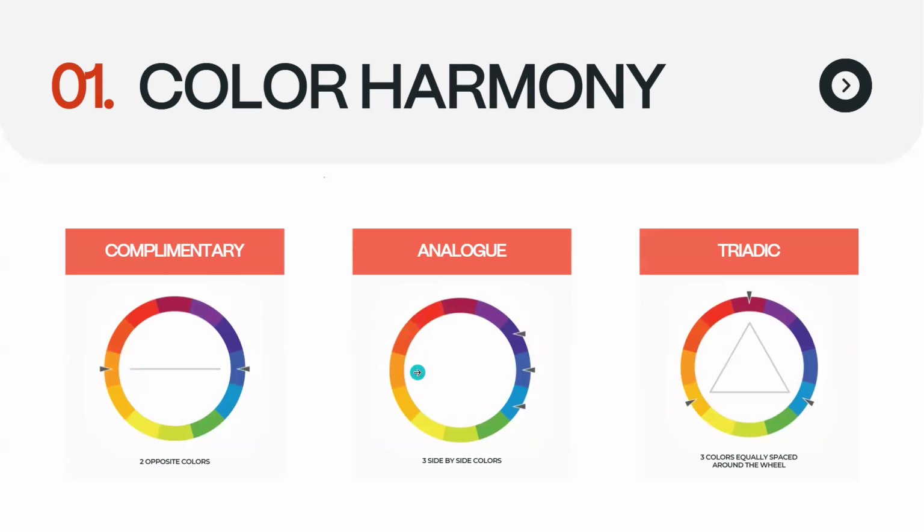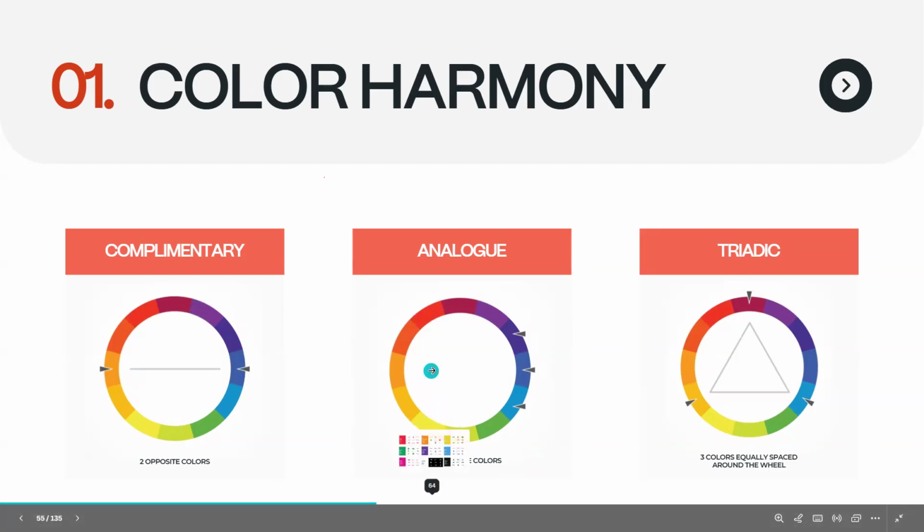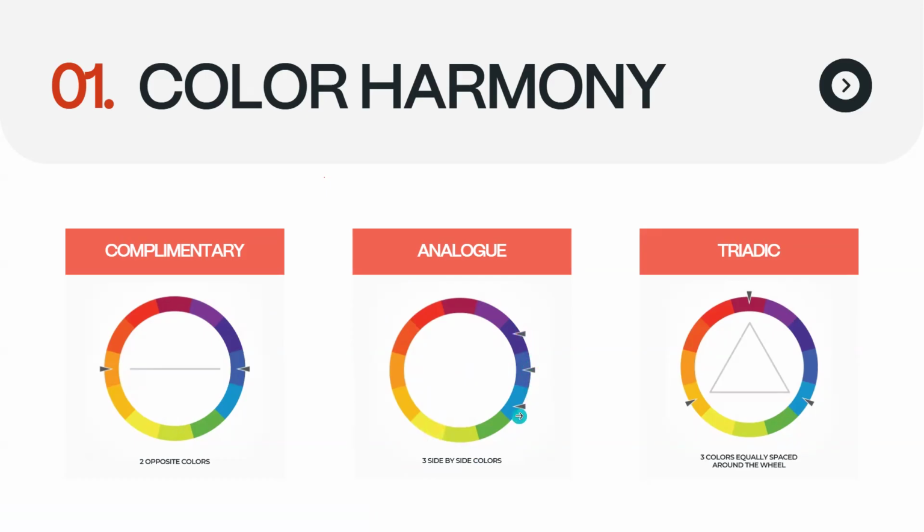Second one is analogous. That means three side by side colors. This is blue. If you use these three colors in a design, they will bring color harmony. If you consider this color, the left one and the right one, all these three side by side colors will create analogous color harmony.